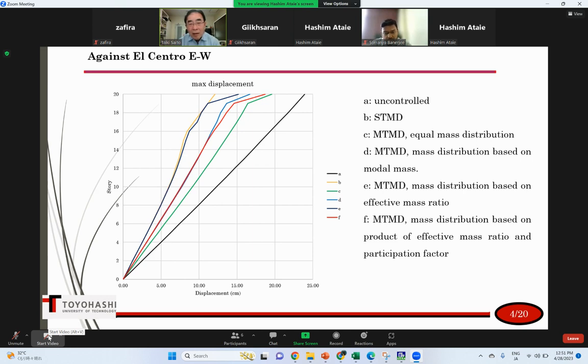So that is enough because if we add another TMD, for example, could you show me how much effective mass in case of 20 story?